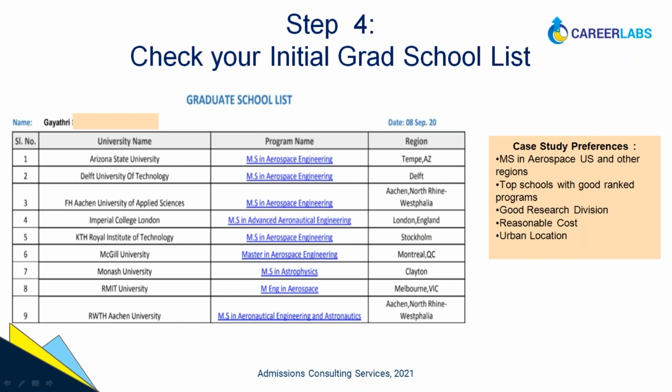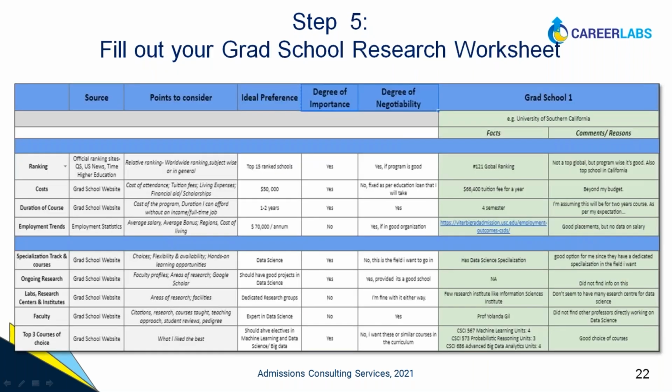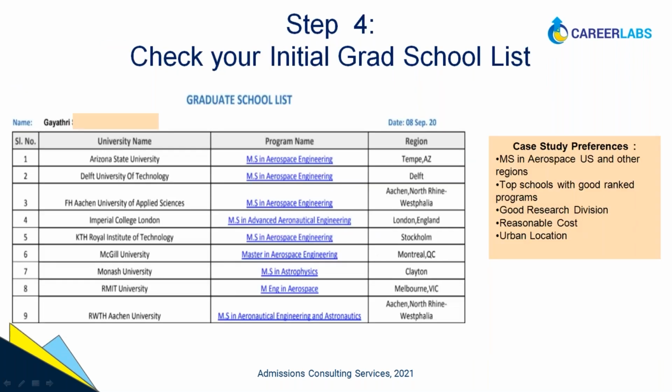We will definitely need the region, the kind of program and degree you're looking for, and a few other criteria from you to give you the initial school list. Once I do the initial school list, you go and start researching all these programs.